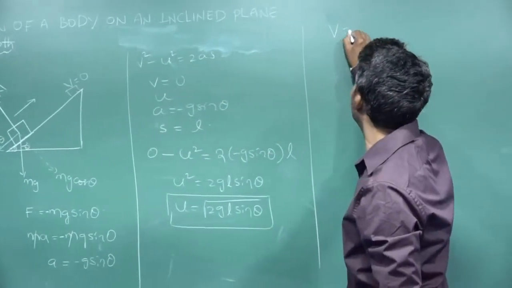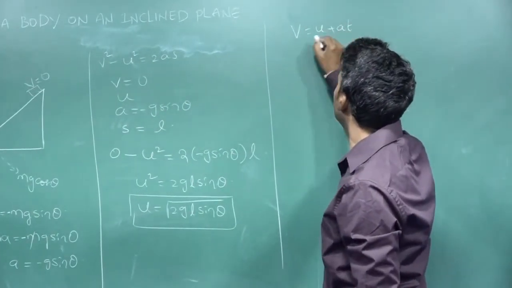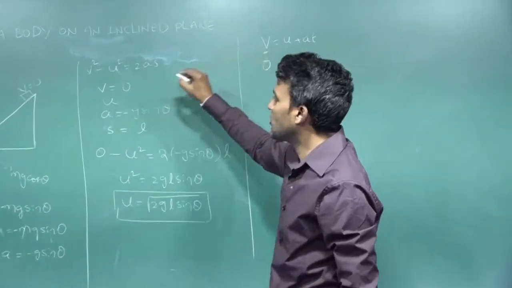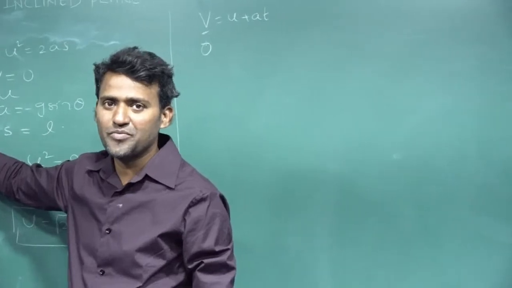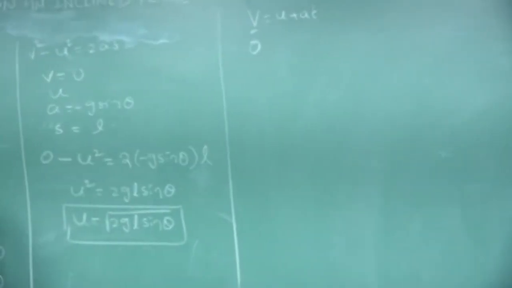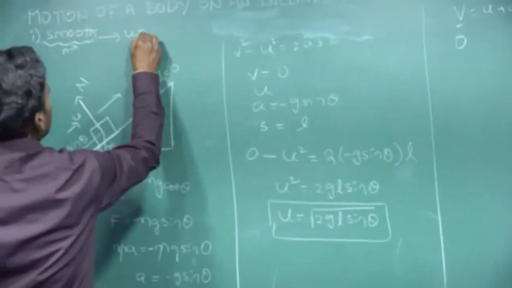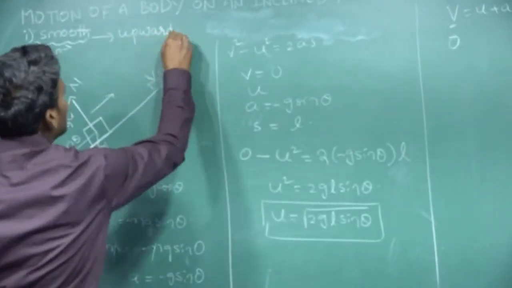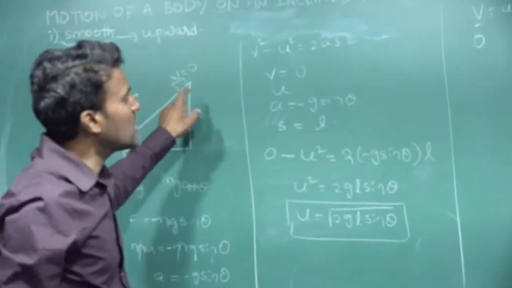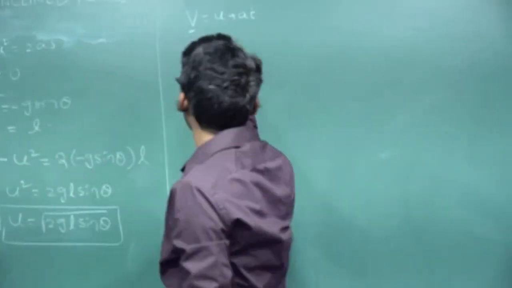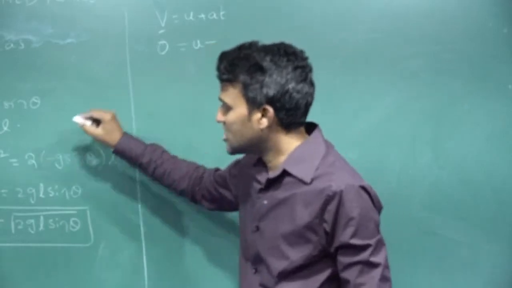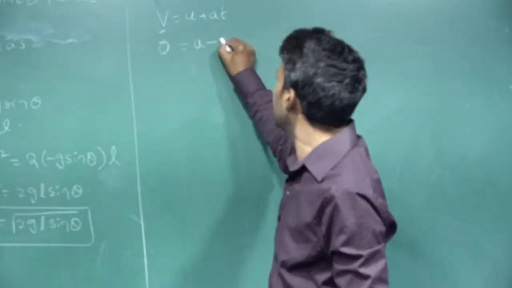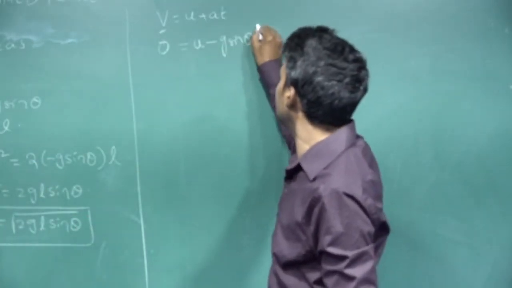Next, what is the time? Time means v is equal to u plus at. Final velocity of the block is 0 when it reaches the top position, because it is projected upward. So final velocity is 0, initial velocity is u, and acceleration is minus g sin theta, so 0 equals u minus g sin theta into t.